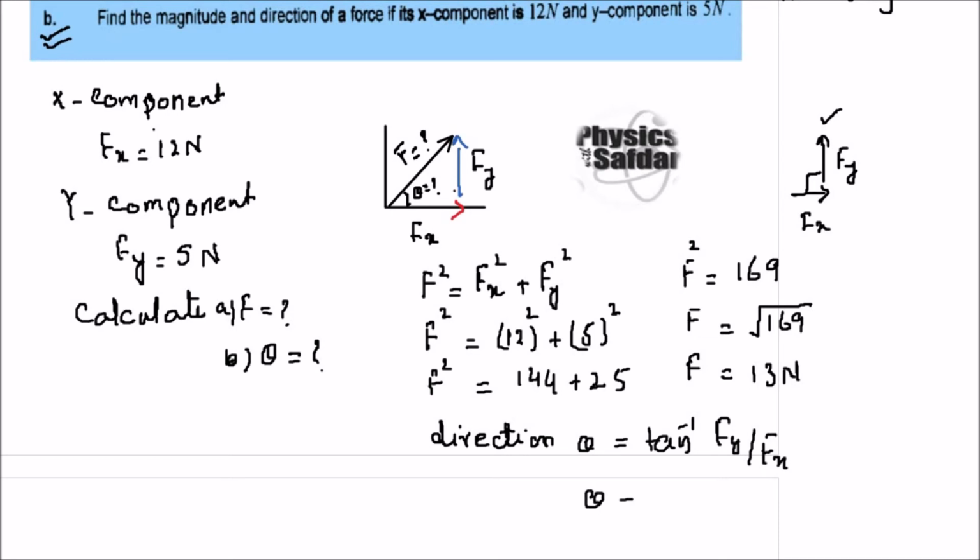Now you can substitute the values. Tan inverse, vertical component is 5, horizontal component is 12. After the simplification we get 22.6. So that is the direction of the force vector with the x-axis.